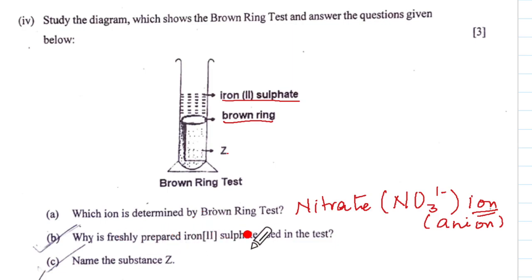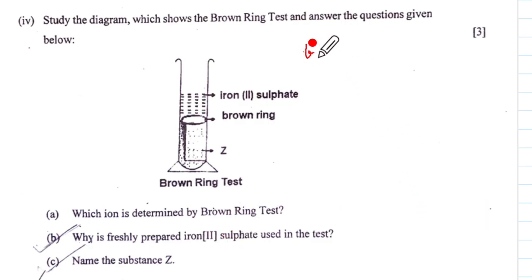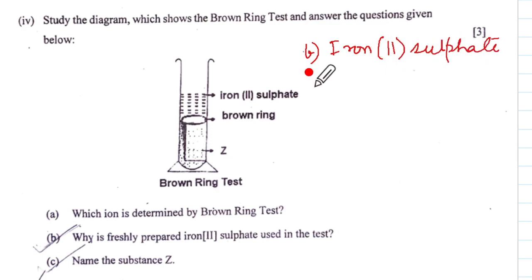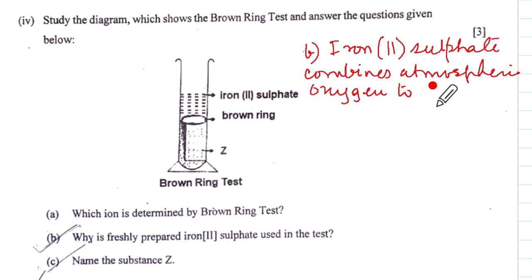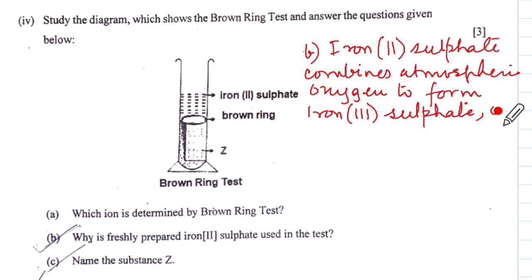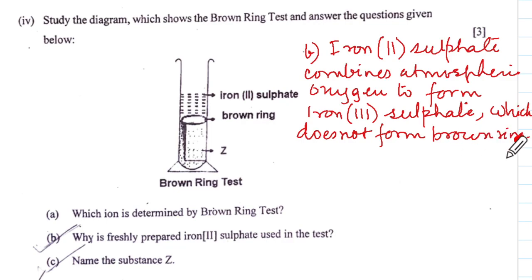Freshly prepared iron 2 sulfate is used. Why? So let me use this space for B answer. Iron 2 sulfate combines with atmospheric oxygen to form iron 3 sulfate, which does not form brown ring.